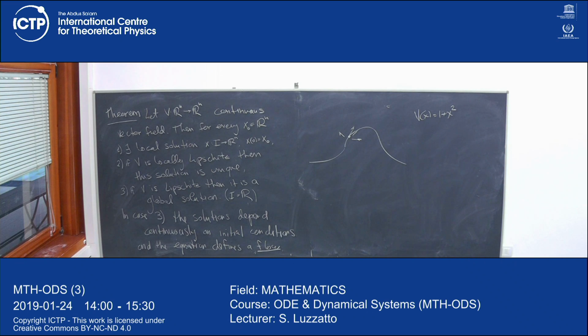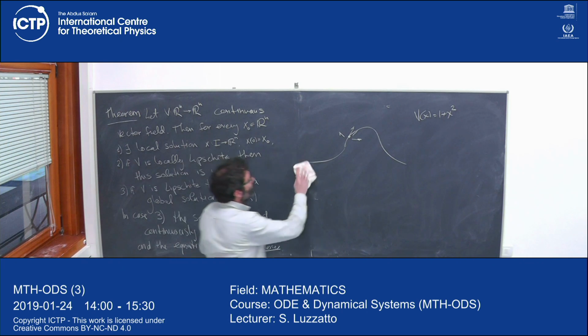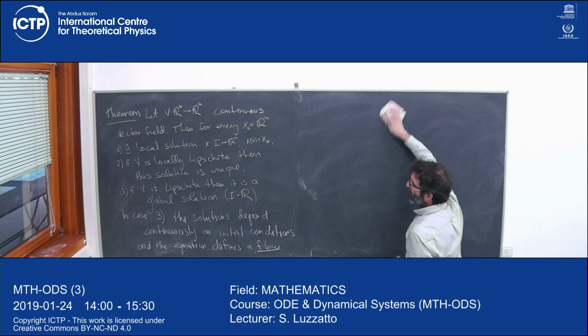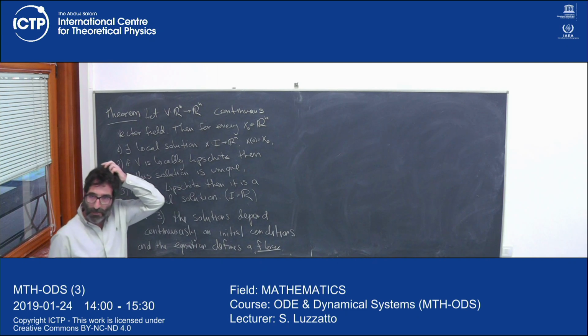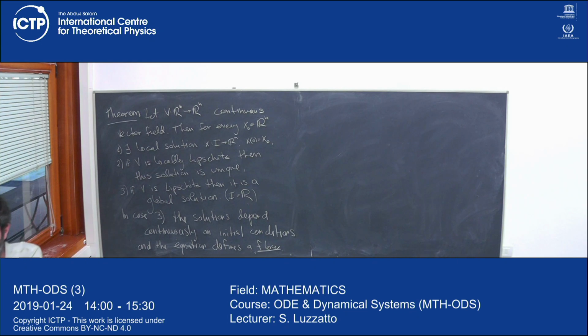Wait, there was something else I wanted to say. Yes, the continuous dependence. This is another thing that can create a little bit of confusion. I want to say what exactly we mean by continuous dependence on initial conditions. Also by continuous vector field.